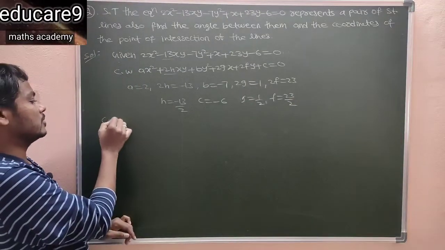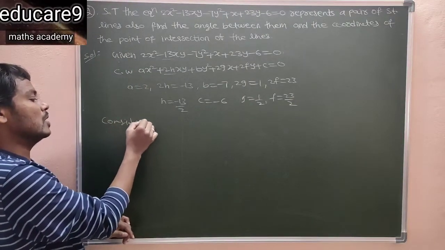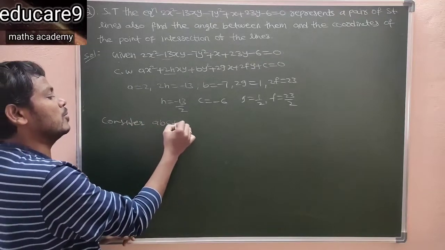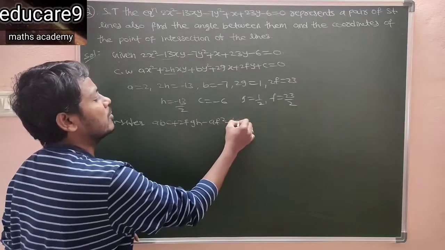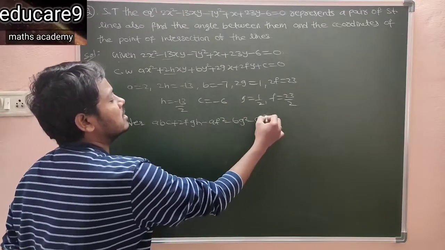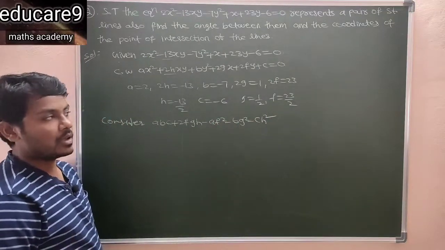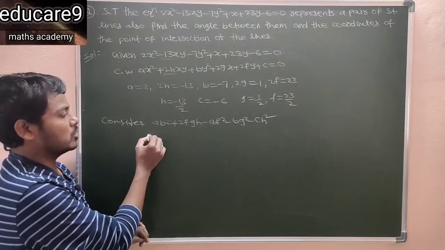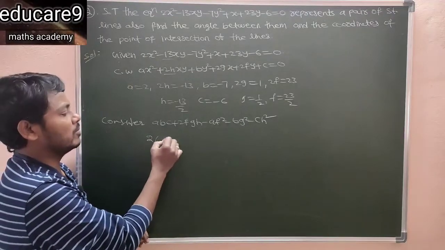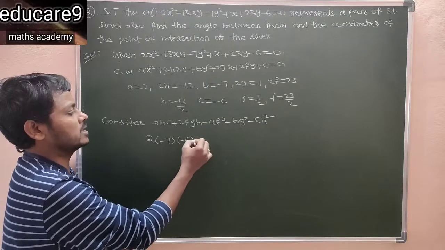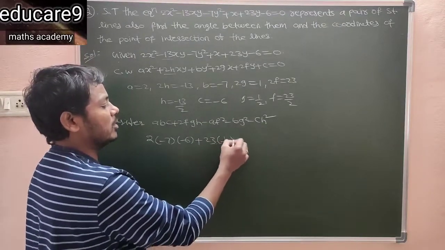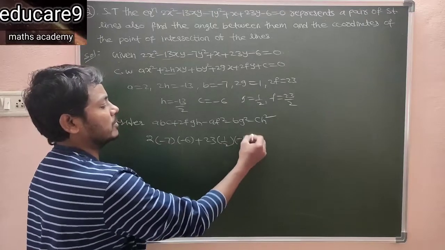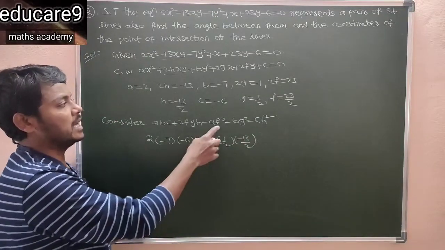Now consider ABC plus 2FGH minus AF square minus BG square minus CH square. Okay. So see here, first ABC. So 2 into B value minus 7, C value minus 6, plus 2F value 23, G value 1 by 2, H value minus 13 by 2. Minus AF square.